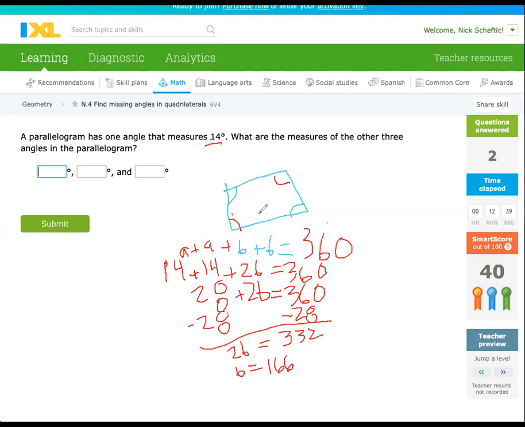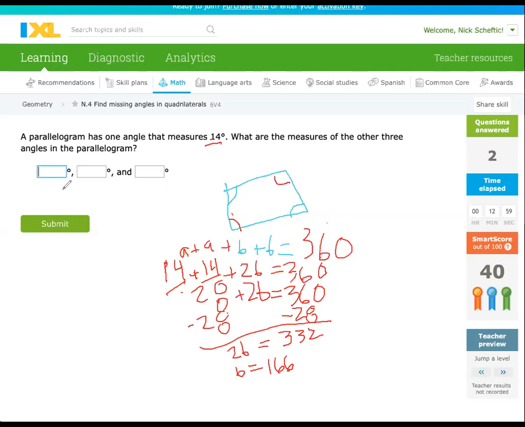So the 2 red angles and the 2 blue angles are congruent. They've given us one, so let's use the red angle as 14. Then we know that the other one is going to be 14 as well, plus 2b. It's a variable we'll say is b this time. We're going to try to solve for b. It's going to be 360.